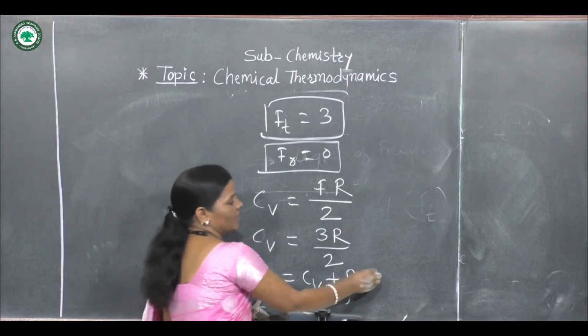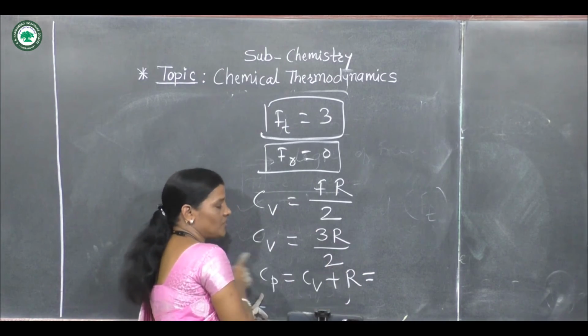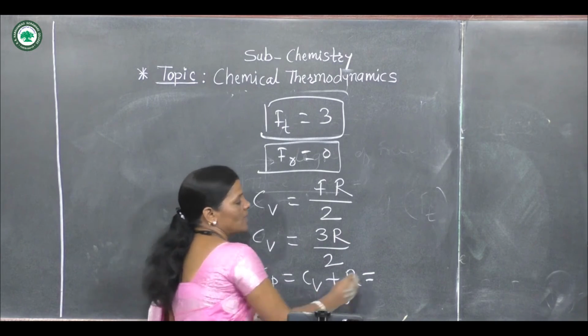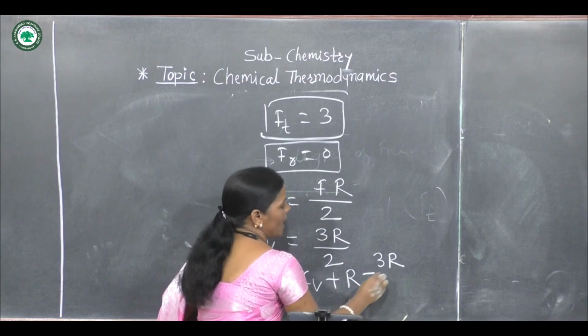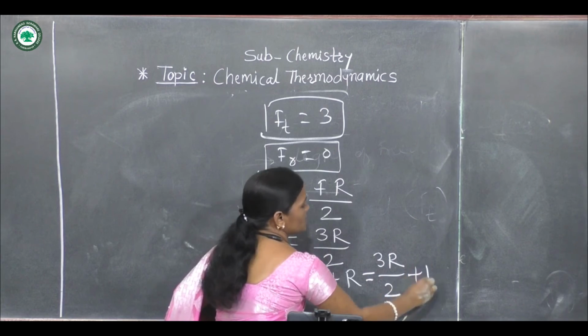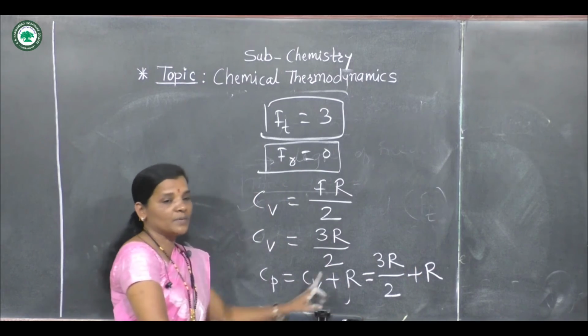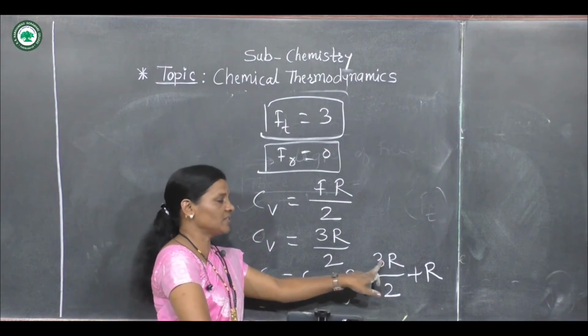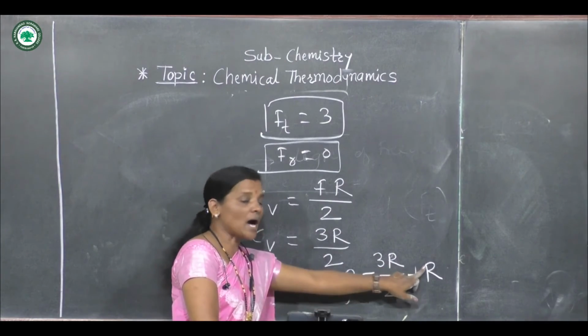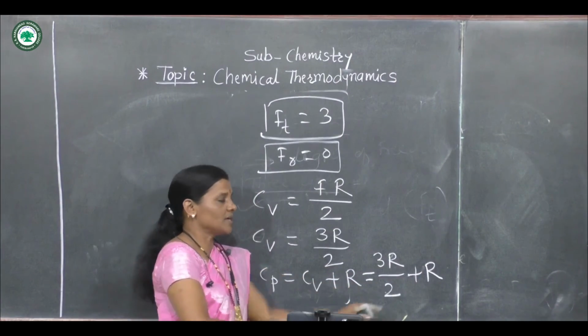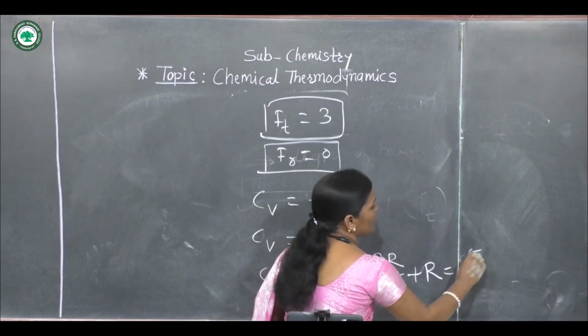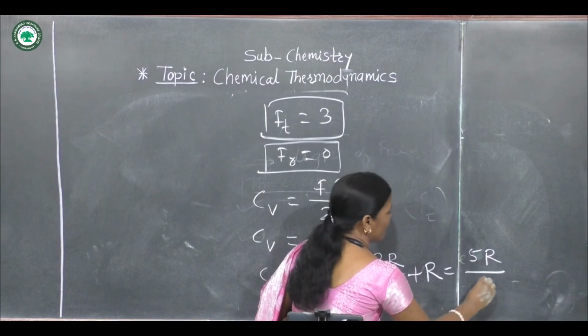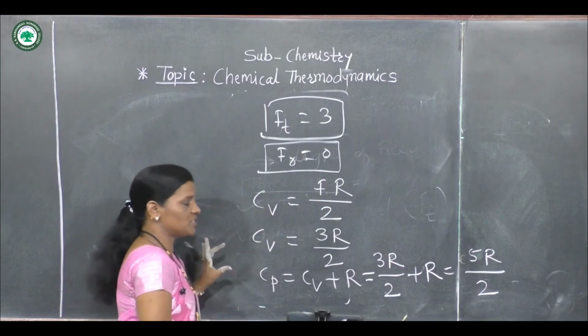If we replace this value of Cv into this formula, we get 3R by 2 plus R. After cross multiplication, 3R plus 2R divided by 2 gives us 5R divided by 2, and this is the value of Cp.